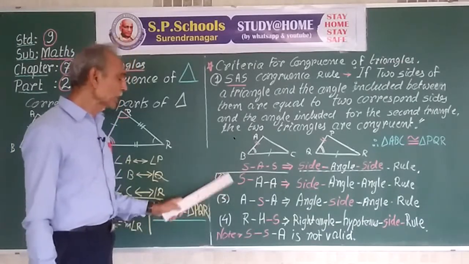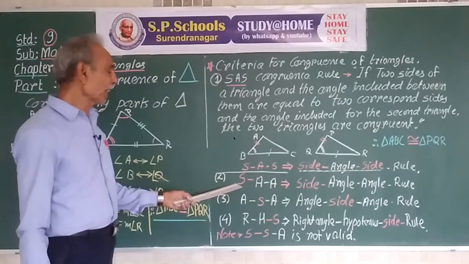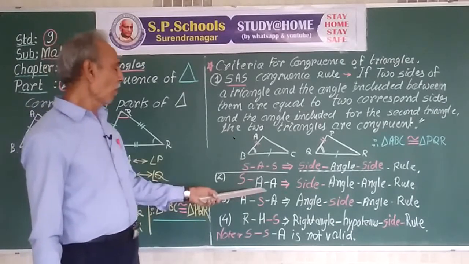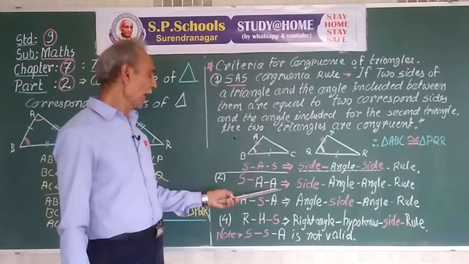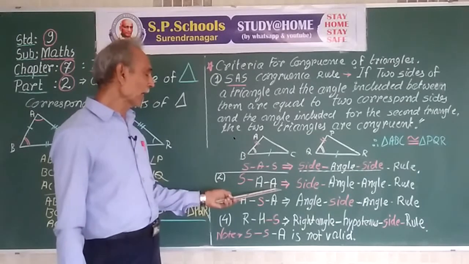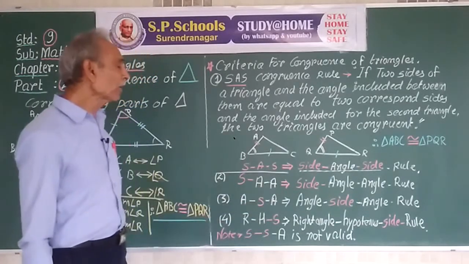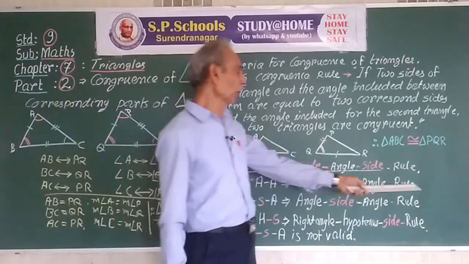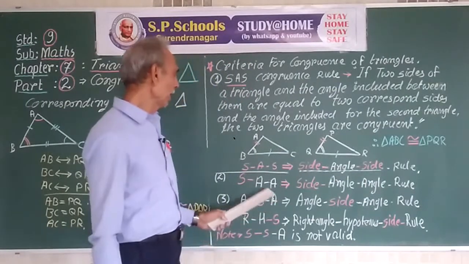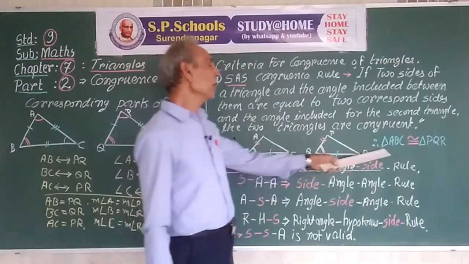Then in both these cases, if one side, one angle and the other angle of a triangle are equal in lengths and measures to the corresponding parts of the other triangle, then these two triangles will be congruent.